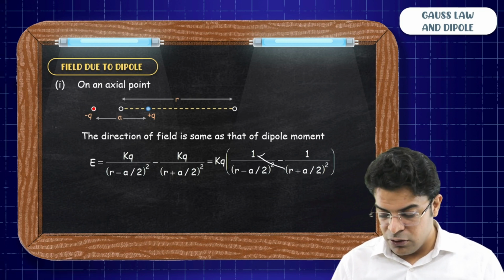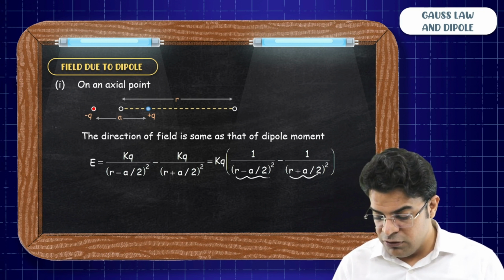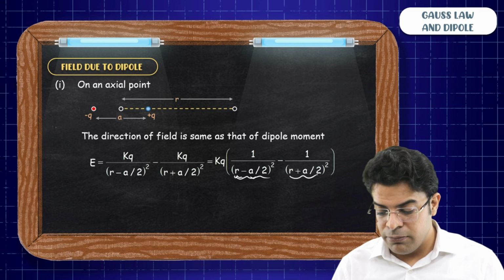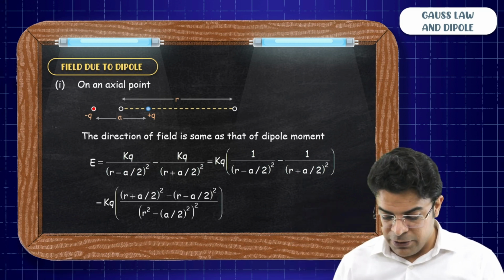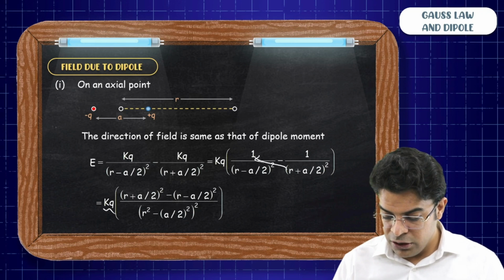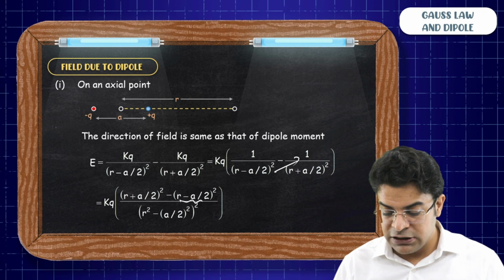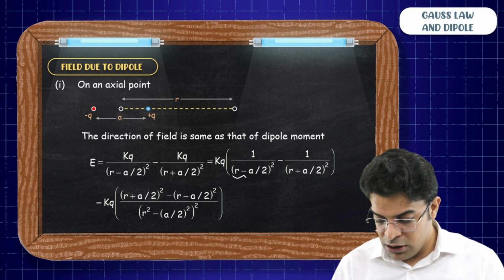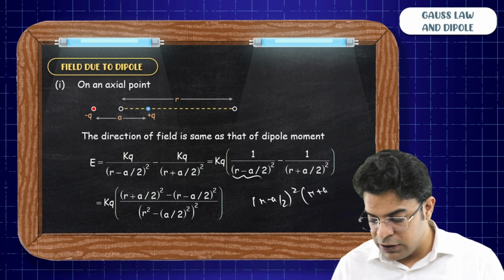Now you can cross multiply these things, and when you multiply the denominators, you will get (r square minus (a by 2) whole square) whole square. So that becomes kq into [(r plus a by 2) whole square minus (r minus a by 2) whole square] upon [(r minus a by 2) whole square into (r plus a by 2) whole square].